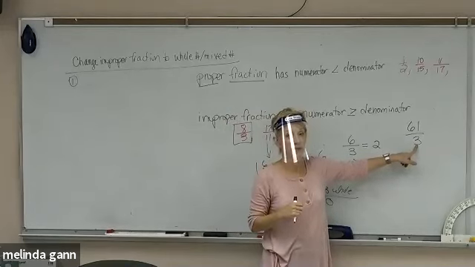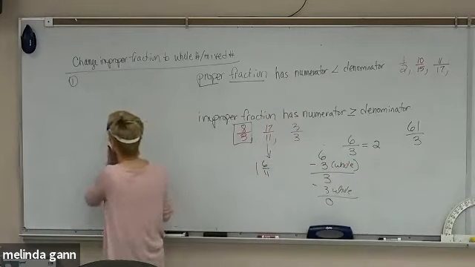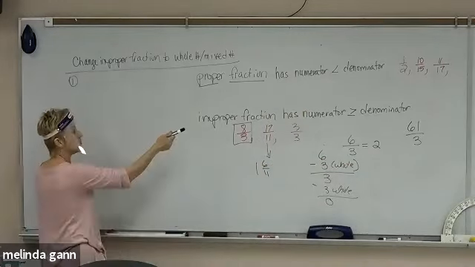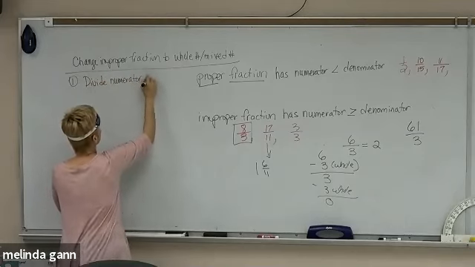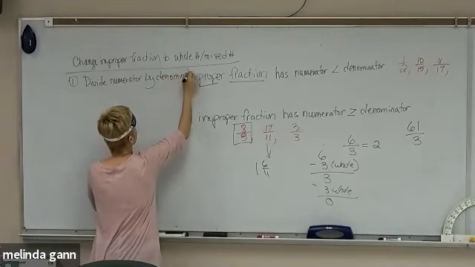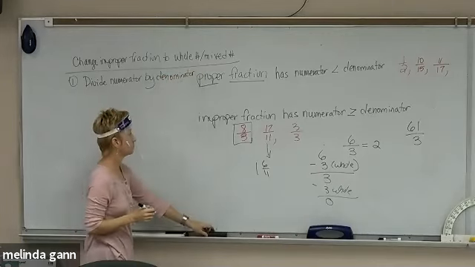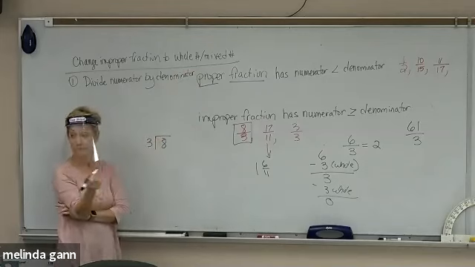And what did you tell me repeated subtraction was the same thing as? Division. So what am I really going to do with that numerator and that denominator? I'm going to divide that numerator by that denominator. See, 8/3. 8's going to get divided by 3.